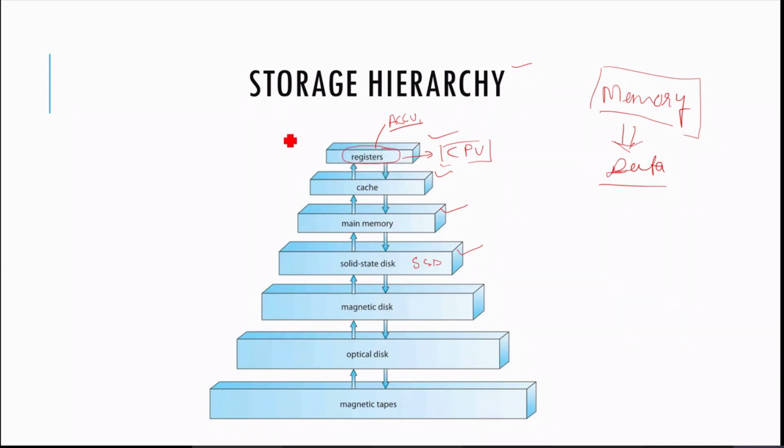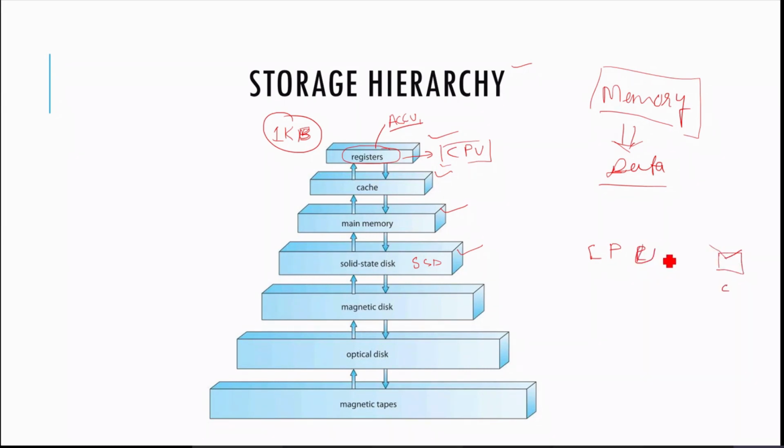A register may store information in the range of KB, like 1 KB. This is the size a register can store. But the register is the fastest for the CPU. What does the CPU do? The CPU accesses the content. It reads the instruction or data from memory, whether it is a register, cache, or anything else.